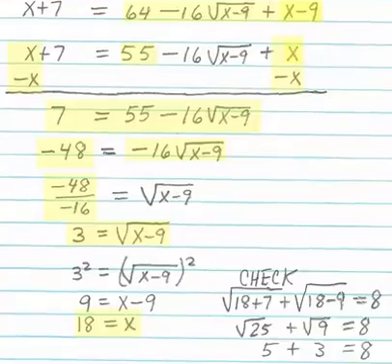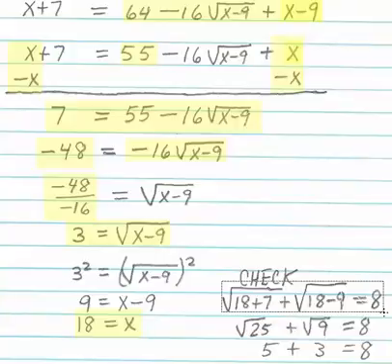So we plug in 18 for x in the original equation and we get the square root of 18 plus 7 plus the square root of 18 minus 9 equals 8. And that simplifies to the square root of 25 plus the square root of 9 equals 8, and that checks out because we get 5 plus 3 equals 8. So x equals 18 is our solution.